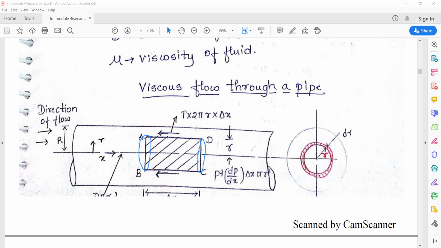While analyzing, you can see what forces are acting on the fluid element, which is considered initially, right? At face AB, the face they have mentioned here, at the inlet of the fluid element, the pressure force is acting.